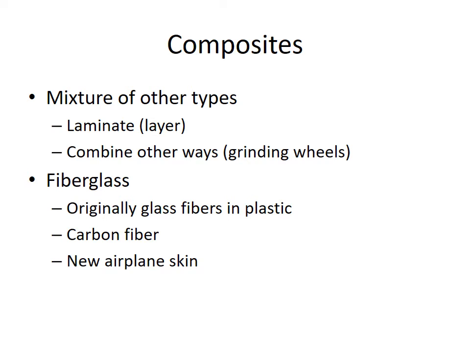The most common composite is fiberglass, where you take glass fibers and embed them in a plastic resin, and you have fiberglass, and you can shape it. You've heard of carbon fiber, and that's really the new skin to make airplanes. Very strong, very lightweight.